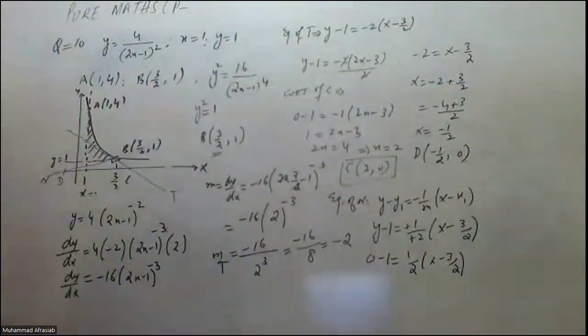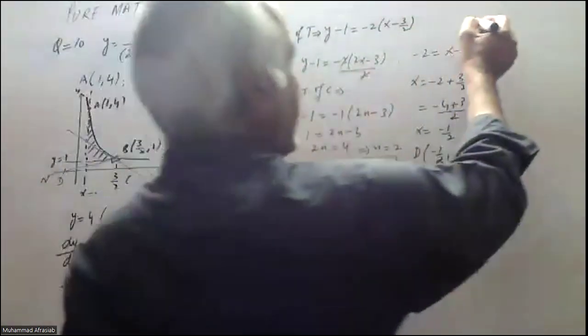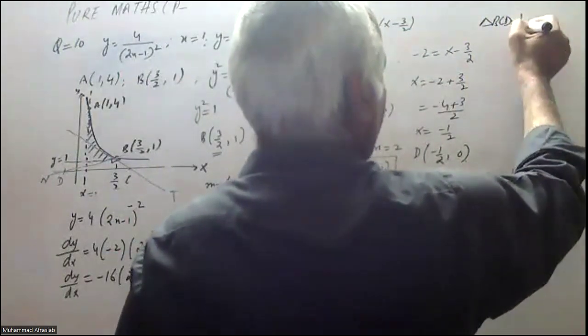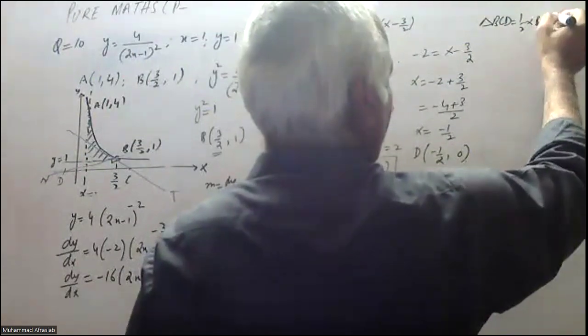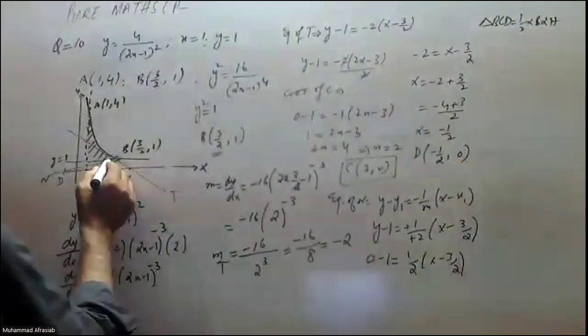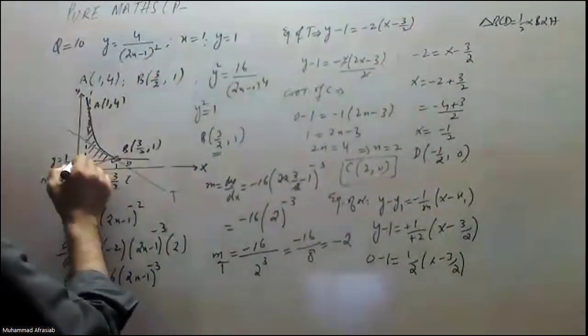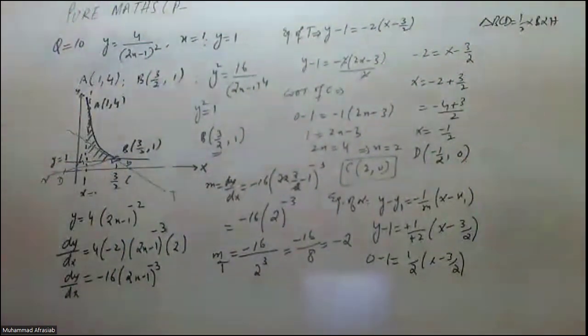Now you have to find out the area of this triangle BCD. So the area of this triangle BCD is equal to half into base into height, because it is a right angle triangle there. So this BC is the base and this BD is the height of that triangle there.